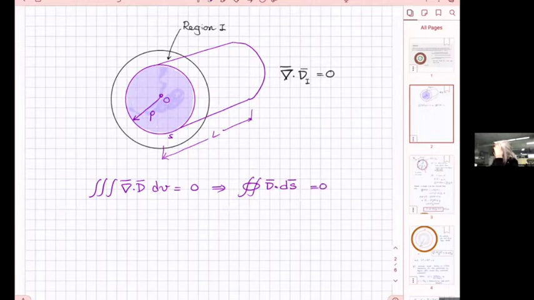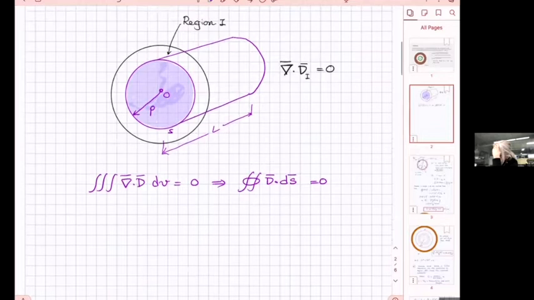How have I selected this cylindrical surface with any radius rho? The closed surface for this cylinder is made out of three surfaces. It's made out of this surface S1 that has this normal vector N1 as its direction.